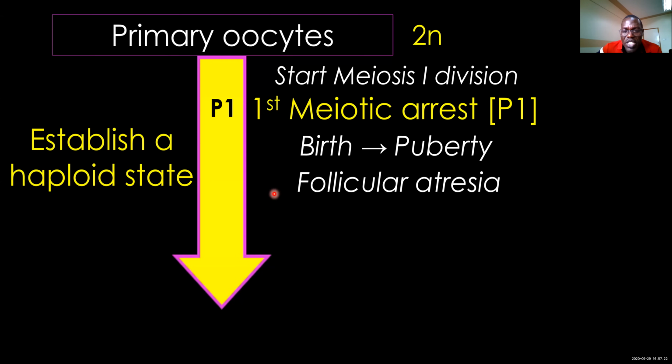By the time she's reaching puberty, there are less than 500,000 follicles. That may sound little, but it's not actually little. It's just being economical. The reason is, after all, she'll not give birth to 500,000 children. So it's not a big deal.